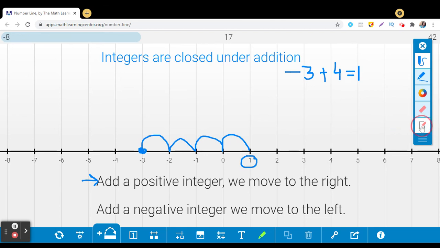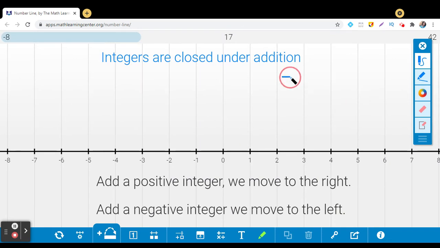Okay, now we are going to take two negative integers and add them. Say, for example, minus 3 plus minus 4. Let us see what the answer is. We begin with minus 3. So this is minus 3 on the number line.